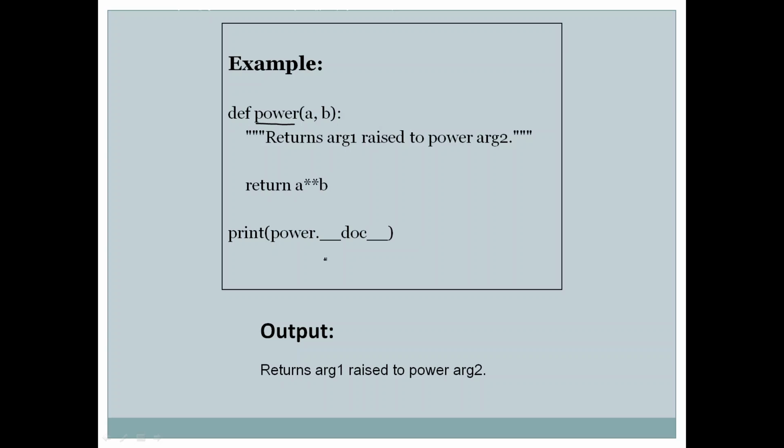Same way, when you declare your functions, you have to include the documentation string, because if somebody else wants to use your function, he will get some help about your function, like what your function does, or what arguments your function takes, or what type of arguments it takes. All those things can be included in the documentation. Okay, I will show you this particular example. I will execute it and I will show you.